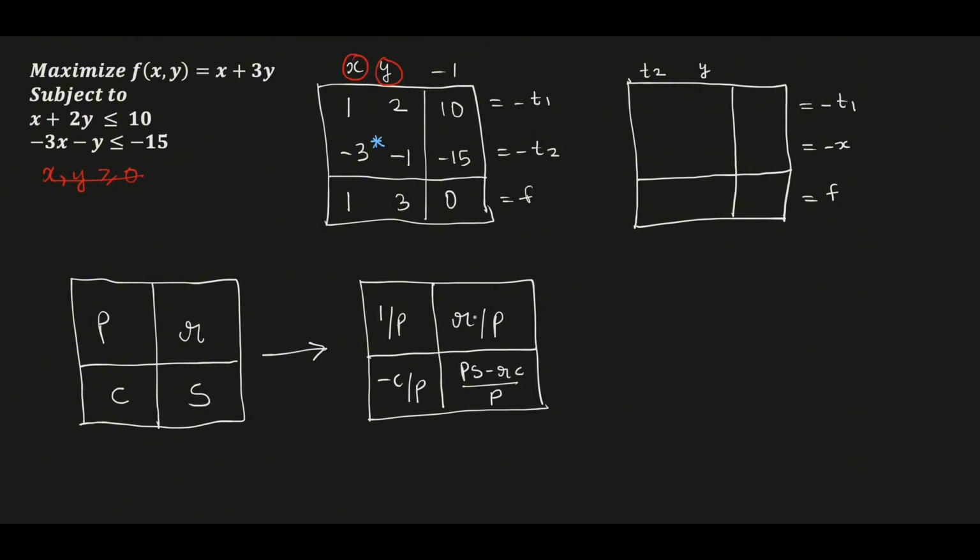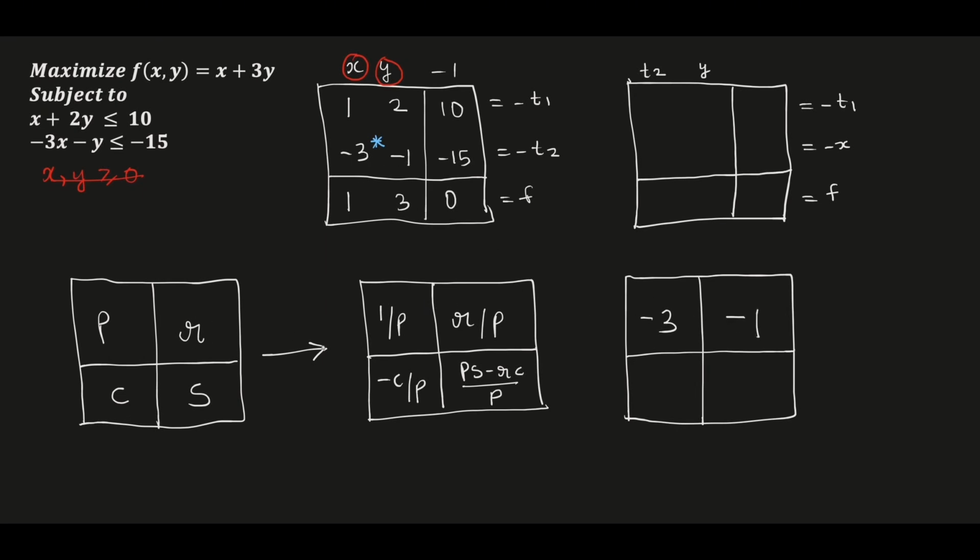So these are the values that we need. If we see, okay, for the first table, our pivot here is -3. The value for R is -1, and C is 1, and S is 3.